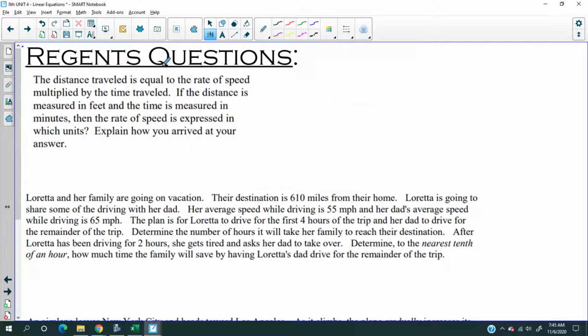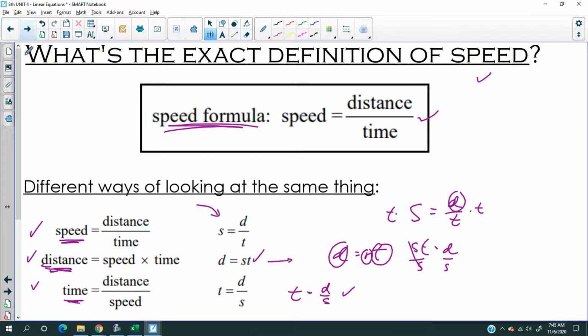So let's see. Now, the distance, I'm just going to write this. Distance is equal to the rate of speed, so I'll use s, you can use r, doesn't matter, times the time traveled. So this is the second formula, which is the same thing. In a way, it also makes sense.